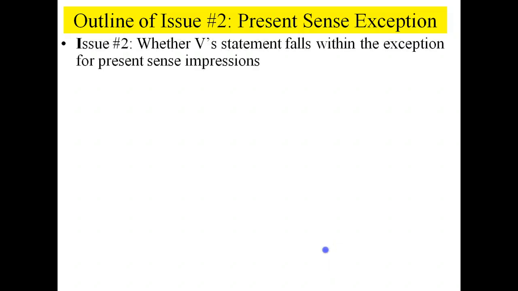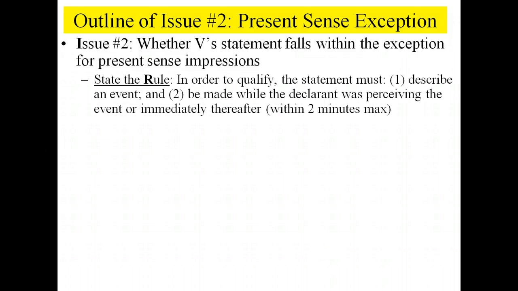All right, our second issue is whether the present sense impressions exception to the hearsay rule applies. Again, you would need to state the rule. You do not need to state it verbatim from the rule book. You can use the requirements as listed on my slide as long as you give me an accurate description of the rule.